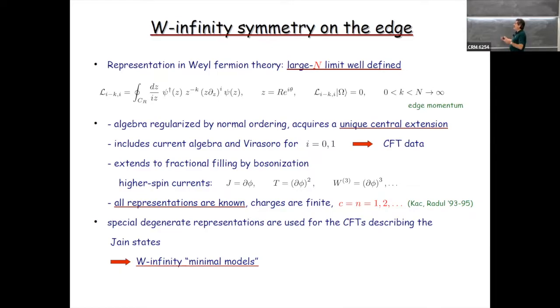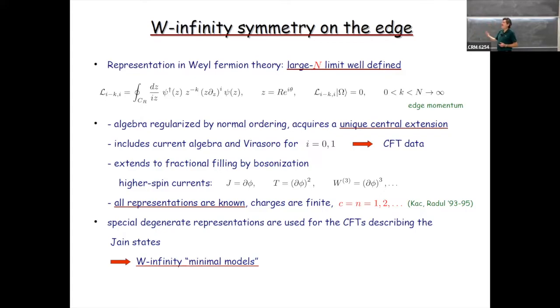They are all these conserved currents and conserved charges of the W infinity symmetry. They are all well defined once you do normal ordering of the vacuum and the usual stuff. And so this is for c equal to 1. This is very simple. You would say, okay, that's fine, this is just current algebra, the conformal theory of current algebra. Then you take a polynomial of the current algebra.